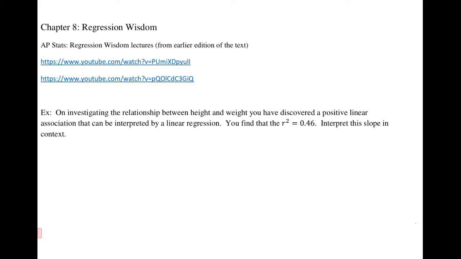Okay, r squared is our variation, so to find out the correlation, which uses the letter r, we just take the square root.